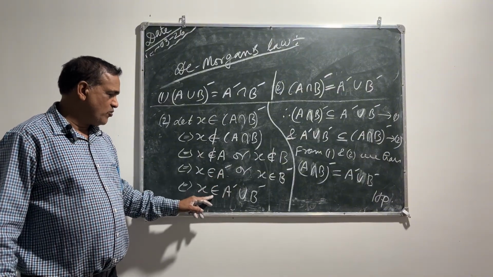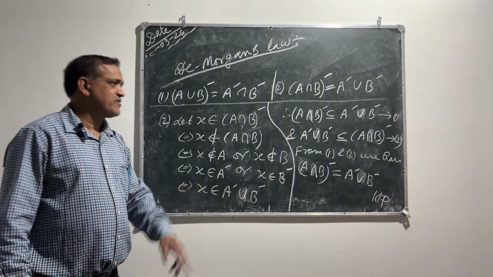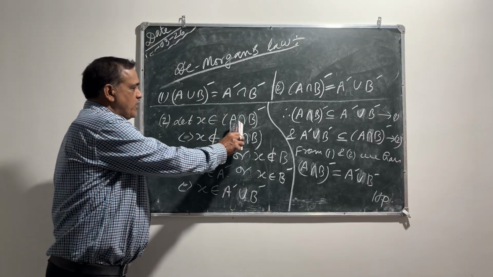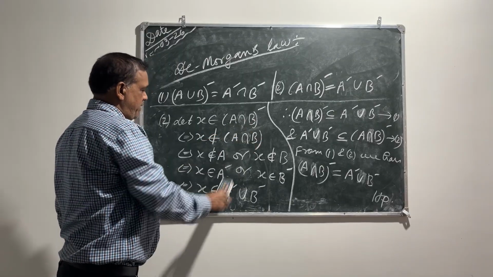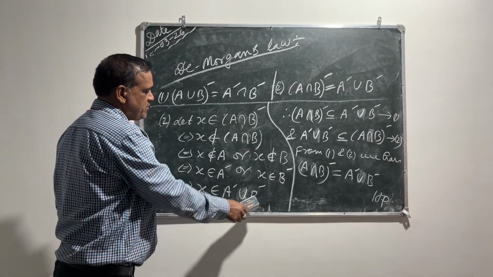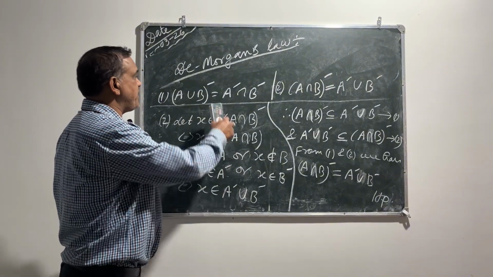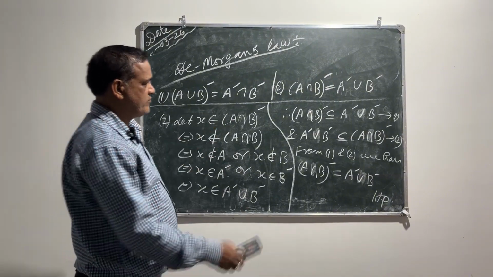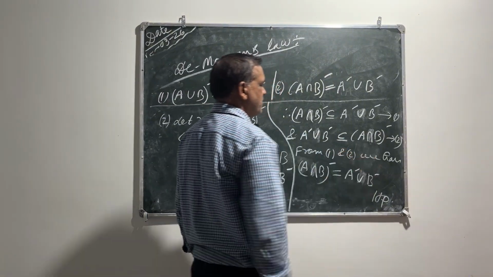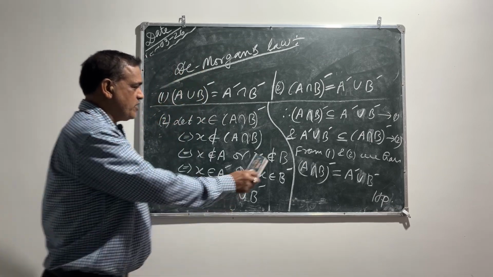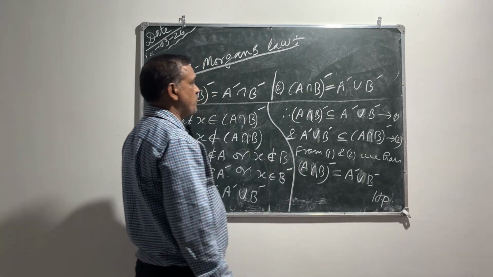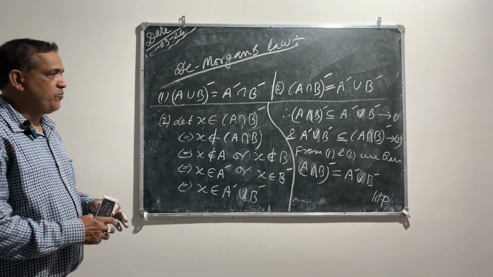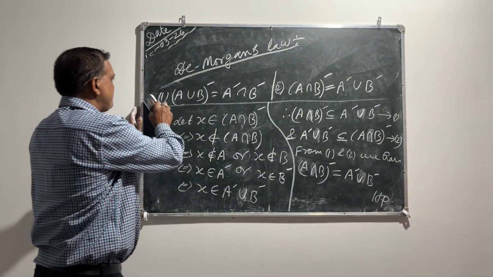So X belongs to A dash union B dash. Therefore, (A intersection B) whole complement will be a subset of A dash union B dash, and A dash union B dash will be a subset of (A intersection B) whole complement. Therefore, this and this are equal. Hence proved. This is known as the proof of De Morgan's law.